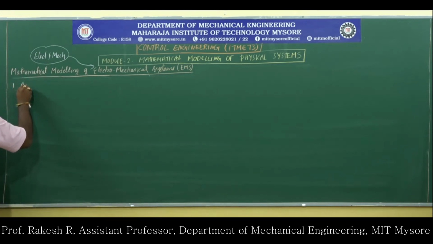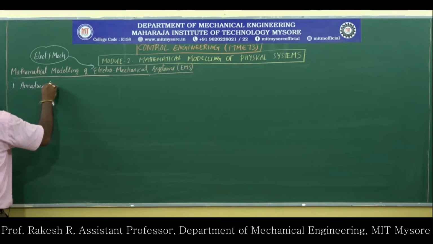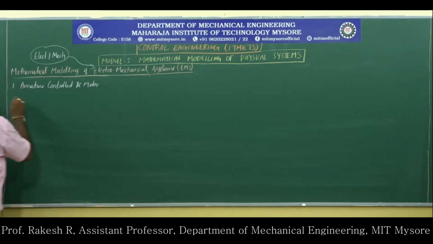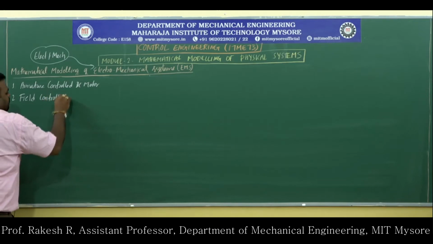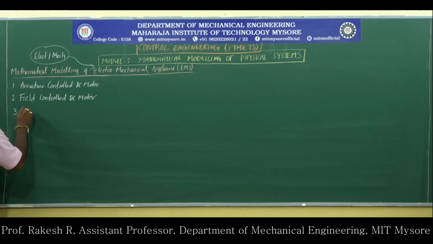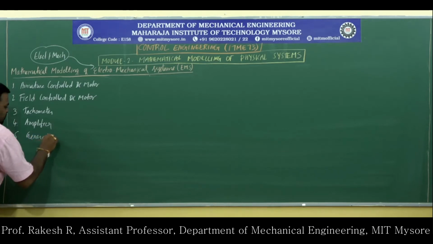Number one is armature control DC motor, number two is field control DC motor, number three is tachometer, number four is amplifier, number five is generator, and solenoid.